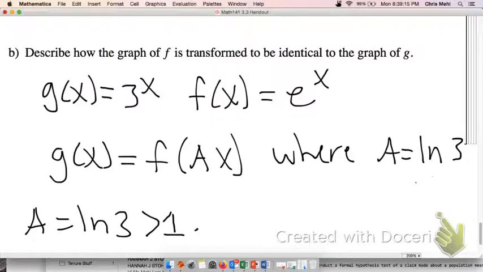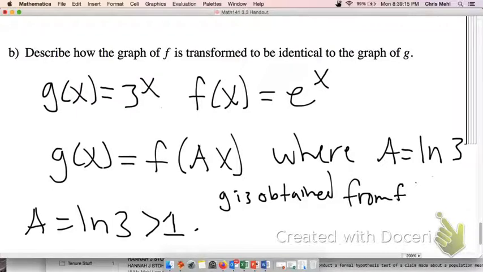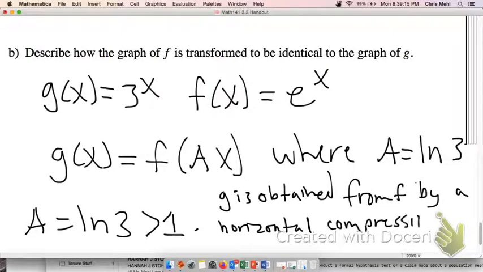So this means that g is obtained from f by a horizontal compression. Now when a is greater than 1, it's a horizontal compression by a factor of 1 over a, which is natural log of 3.